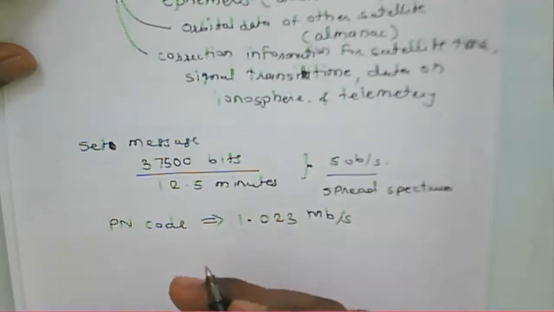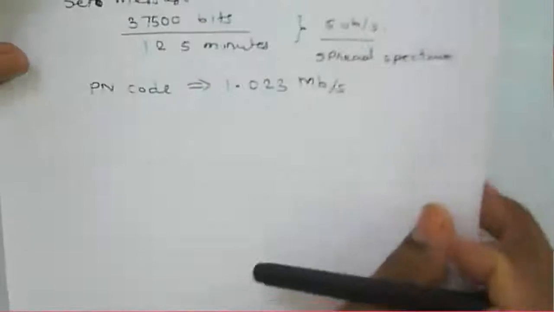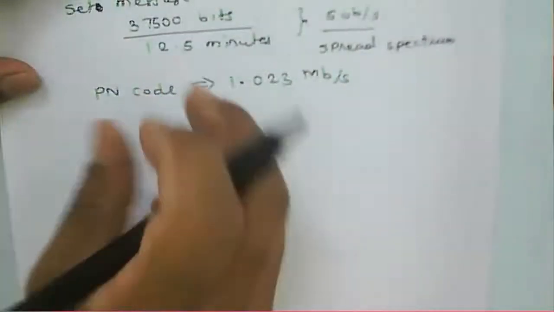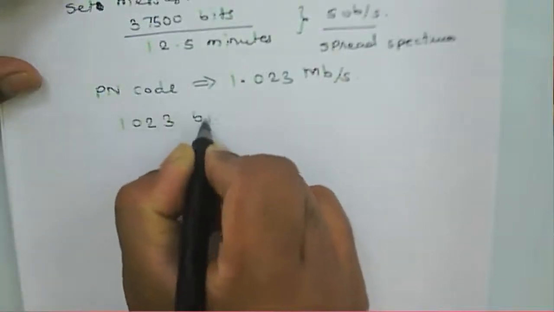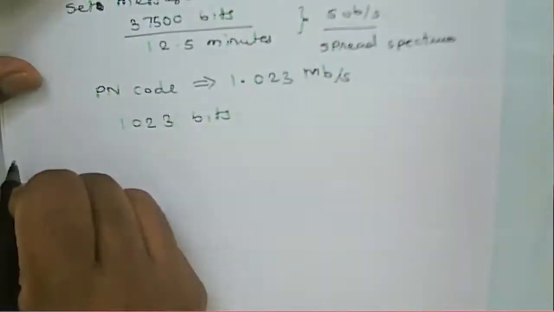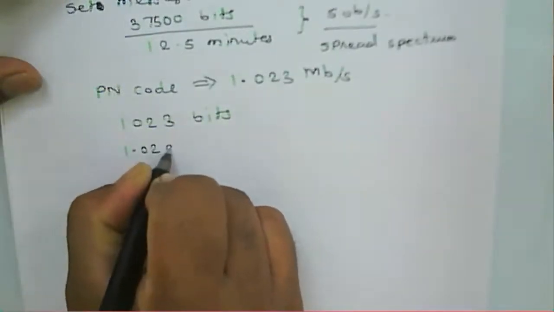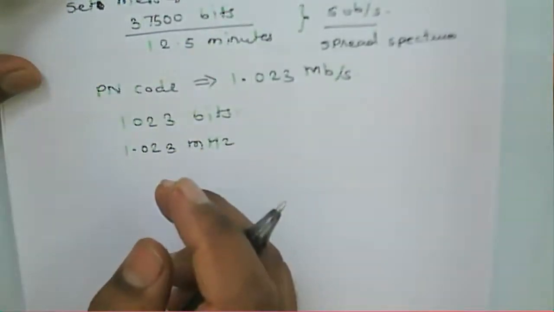For transmitting these bits we use a pseudo random code, and that pseudo random code has 1023 bits and a chip rate of 1.023 megahertz, that is 1.023 megabits per second.